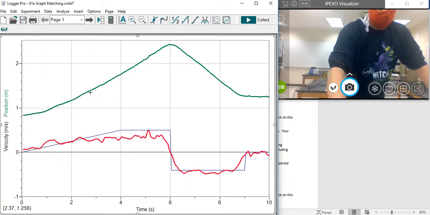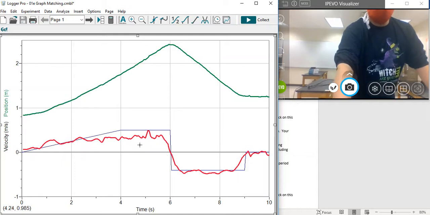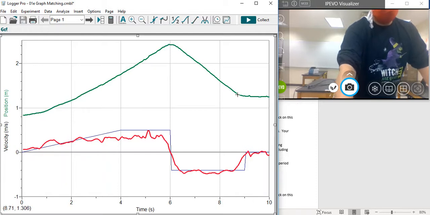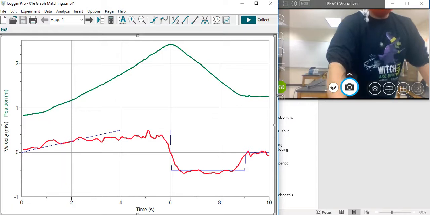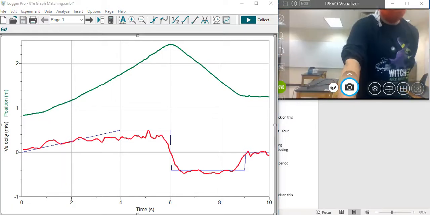Okay, so there is a bit of an upward curve here, but it's not necessarily distinguishable from this part here, but there was a peak, and then I'm moving back in the other direction, and then 0 meters per second. Physics.